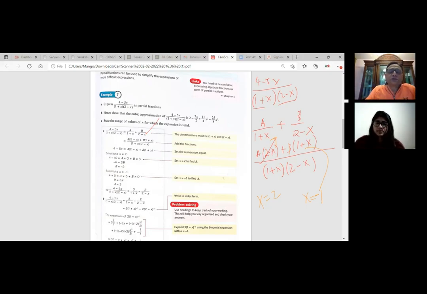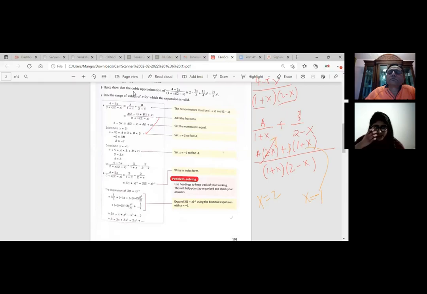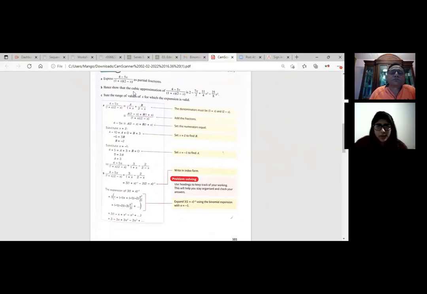So let's go through the solution now. Amy, can you please read the solution? Yeah. So here they've got exactly what you said about the common denominator and multiplying a and b by their cross multiplication, making that equal to the initial numerator of the fraction, which was 4 minus 5x.